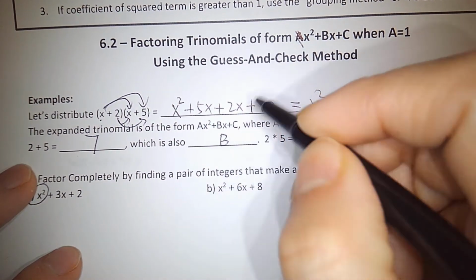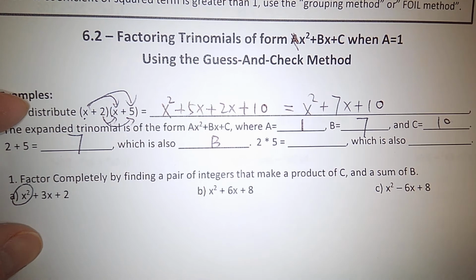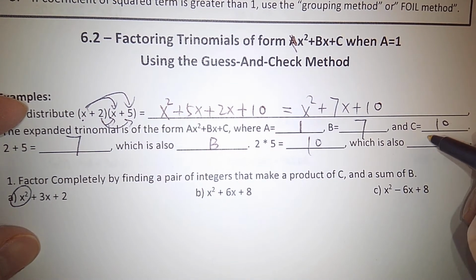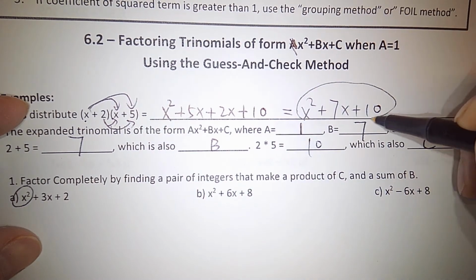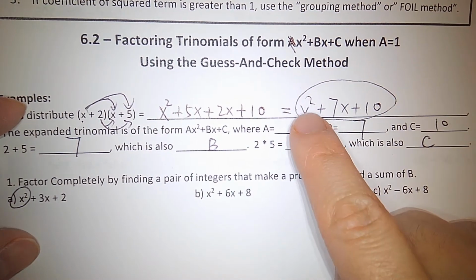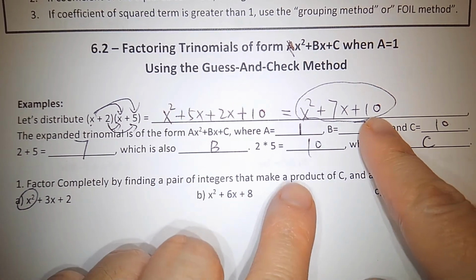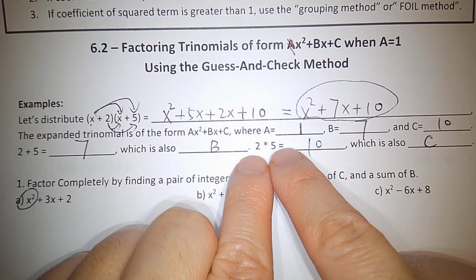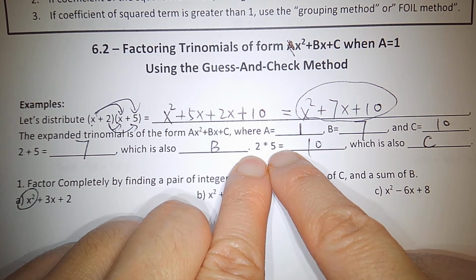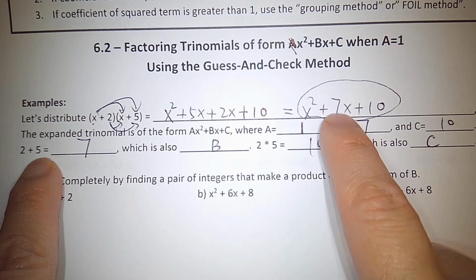So 2 times 5 equals what? 10, right? Which is also what? c. Now guys, if I ask you, can you factor this trinomial x squared plus 7x plus 10, what should we do? Factor the 10 into 2 factors, right? Such that the sum of those 2 factors equals what?